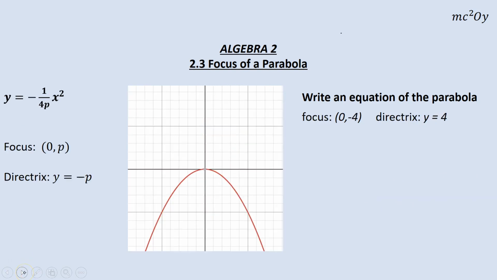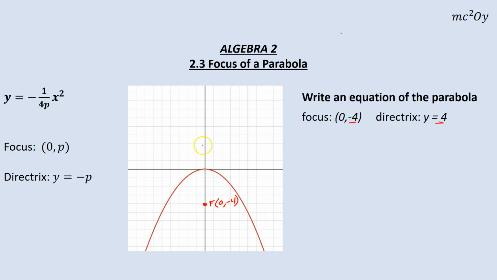All right, let's try another one here. This one says write an equation of the parabola. This time the focus is at 0, -4, and the directrix is y equals 4. So you notice the focus is below the directrix. I'm going to put the focus down here. We'll go 1, 2, 3, 4. Focus 0, -4.